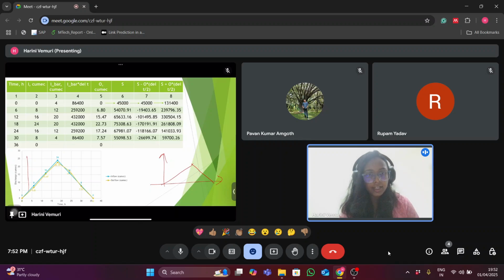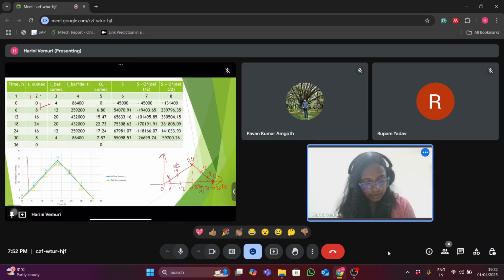Since it's a triangular inflow hydrograph, with t equal to 0, 18 hours and 36 hours, the slope of this line will be 4 by 3. So using that you can calculate the values of the inflow hydrograph. So like this, I got the inflow hydrograph values and (I1 plus I2) by 2.